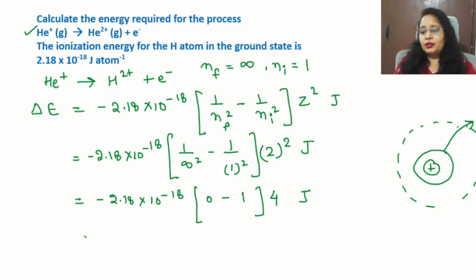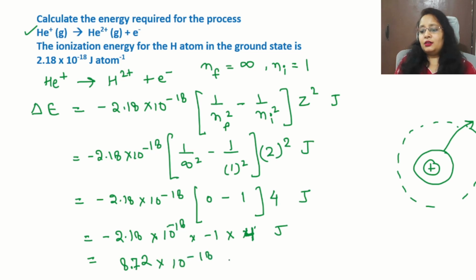Now what we'll get here? -2.18 × 10^-18, now 0 minus 1 becomes minus 1, multiplied by 4, and joule. So let's calculate all. 4 ones are 4, then 4 into 2.18: 4 eights are 32, 4, 5, 6, 7, 4 twos are 8, so 8.72, multiplied by 10^-18 joule.